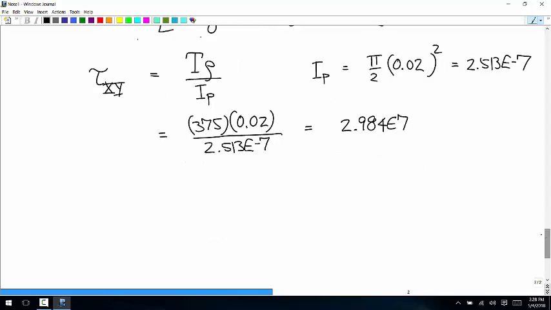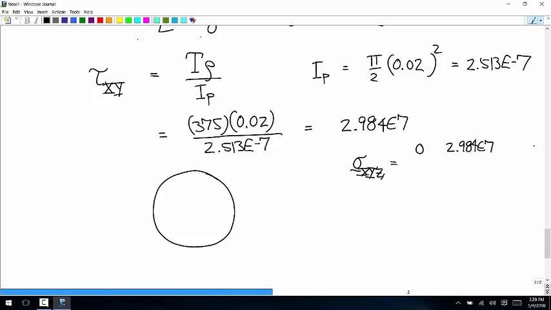All right. So now we have to think about what we calculated. So we have this stress tensor in the capital coordinate system that is 0, 2.984 times 10 to the 7, 0, 2.984 times 10 to the 7, and then zeros.